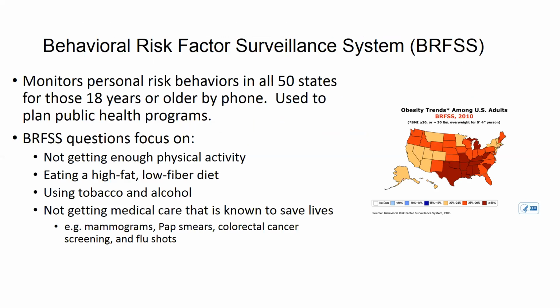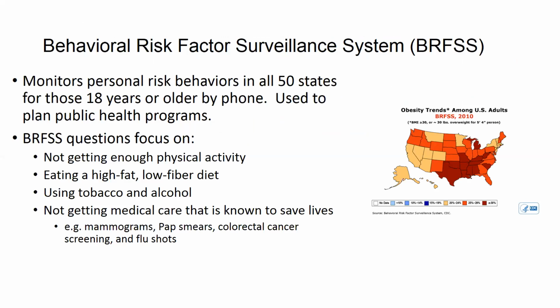The Behavioral Risk Factor Surveillance System, you've probably seen those graphs of the United States that show the obesity rates. I see them in conferences all of the time. There's a lot of places where we collect BMI information. This is one of them. It is looking at risk behaviors, all 50 states for anyone over the age of 18.